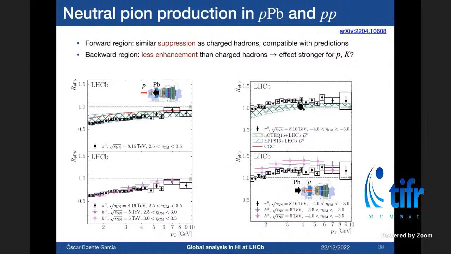In the backward region, however, we see a small enhancement that is not predicted by the models. But this enhancement is smaller than what we see for charged hadrons. So this points towards this cold nuclear matter effect being somehow stronger for protons or kaons. This could be one of the interpretations, since they are present in the charged hadron sample.